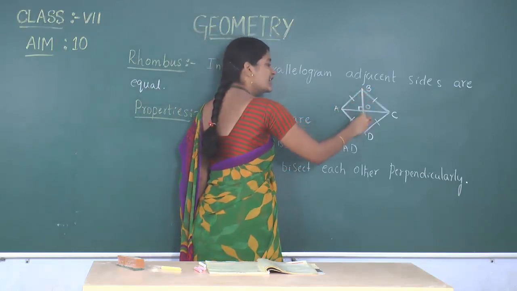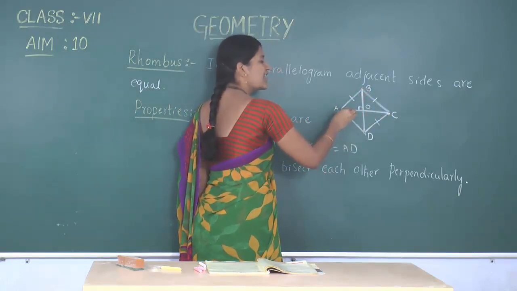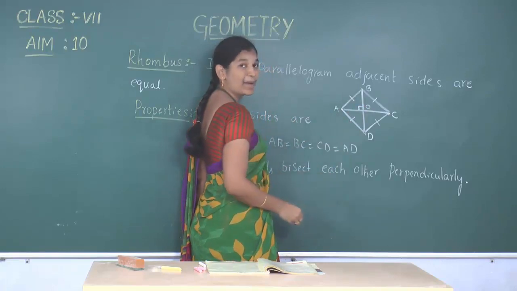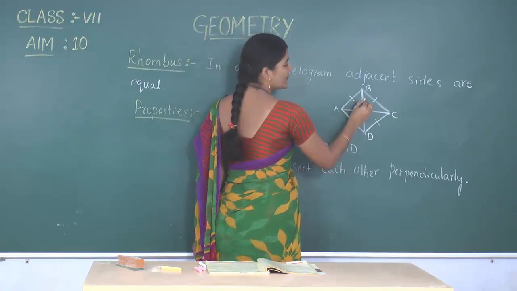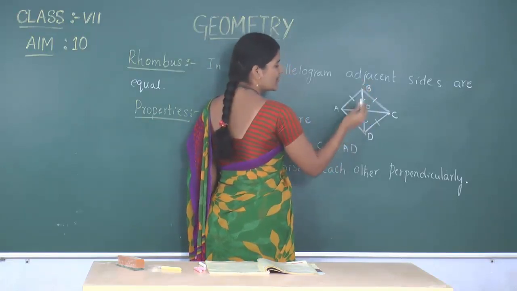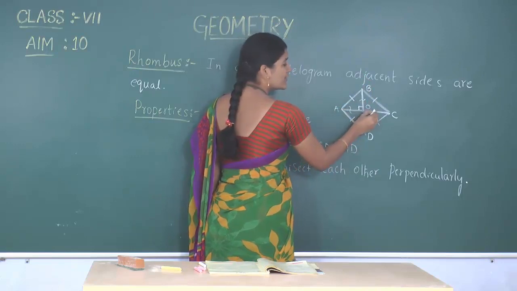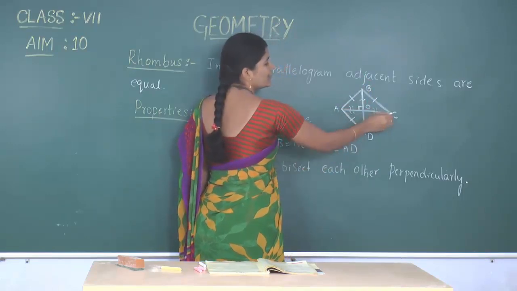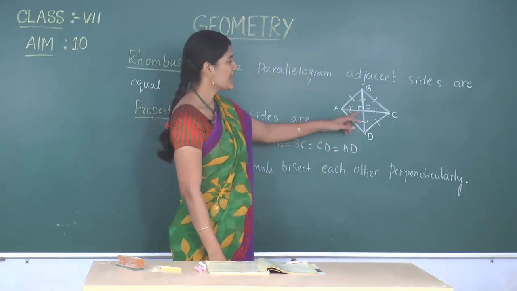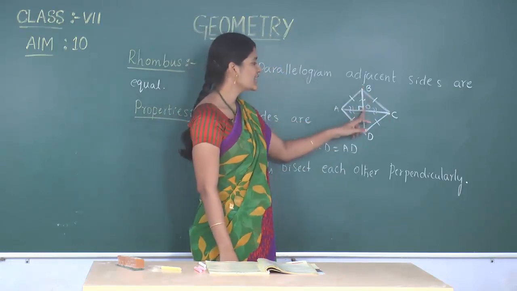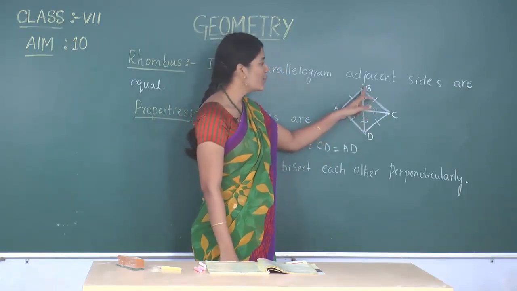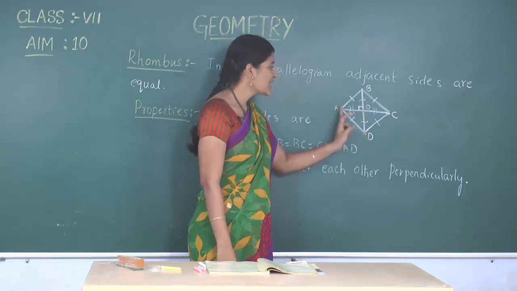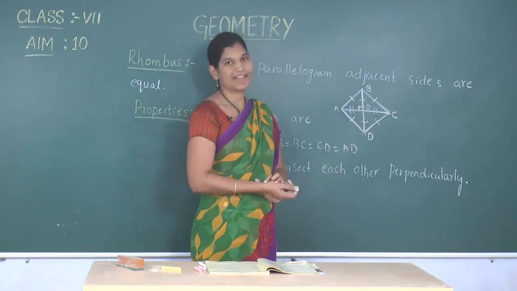Always in rhombus, diagonals bisect each other perpendicularly. At the same time, here OB is equal to OD, AO is equal to OC. Bisect means here to here length, here to here length are equal.